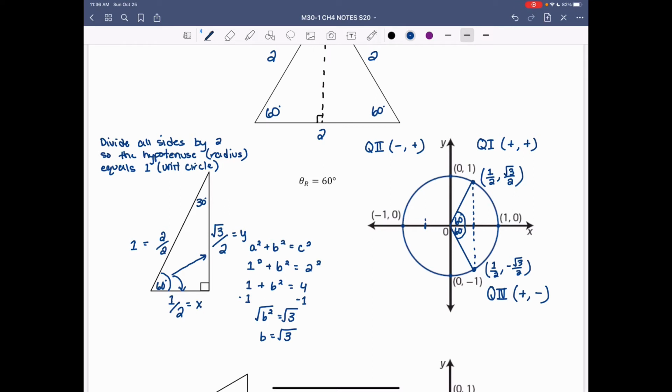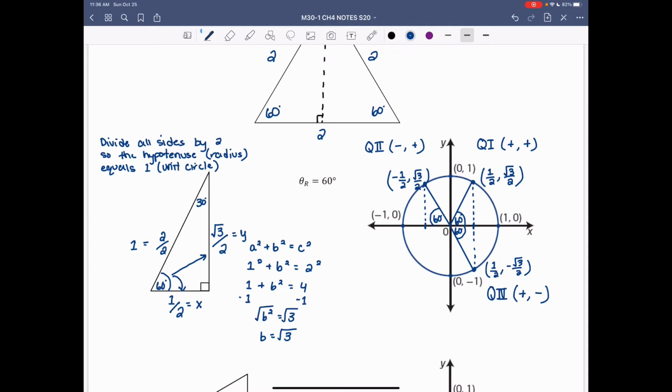Go straight up from that point until we intersect the unit circle, and that's where our point would lie. And it would have a value negative 1/2, positive root 3 over 2. Draw our terminal arm. Our reference angle, 60 degrees.